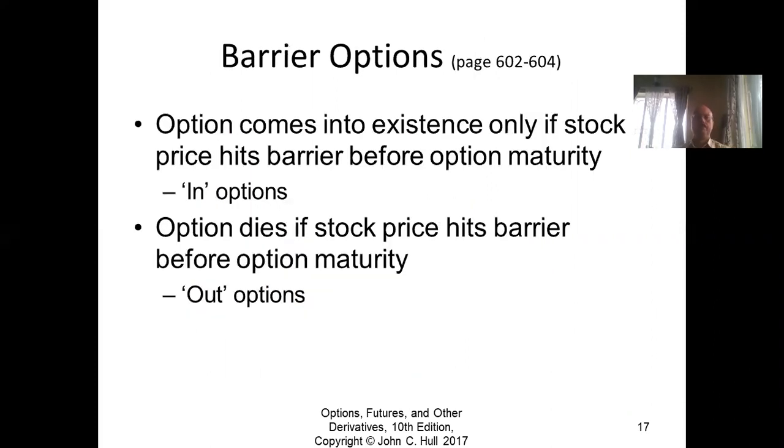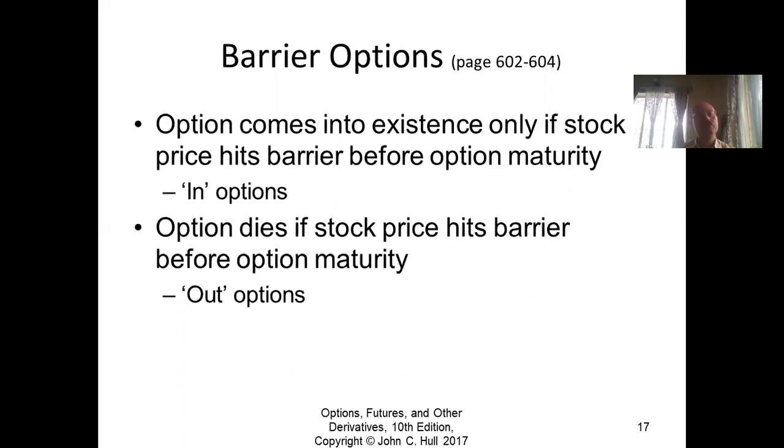A very important class of options are barrier options. So barrier options are very popular. When I describe them, it will become clear. Barrier options are options which are triggered on or triggered off when a certain level of stock price is reached. So those levels are called barriers.